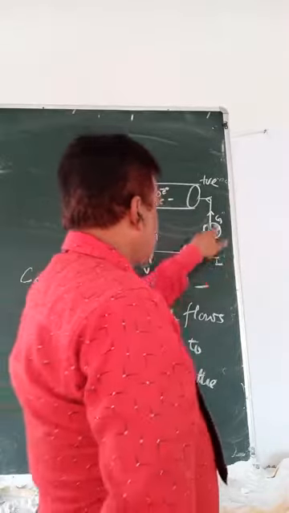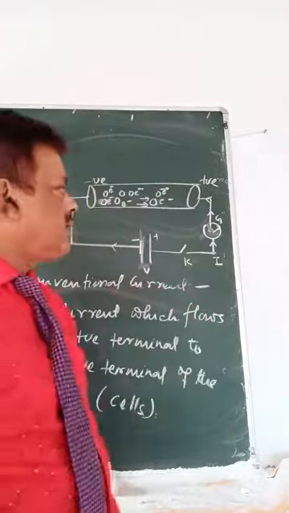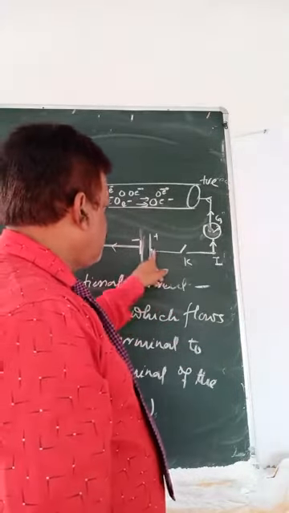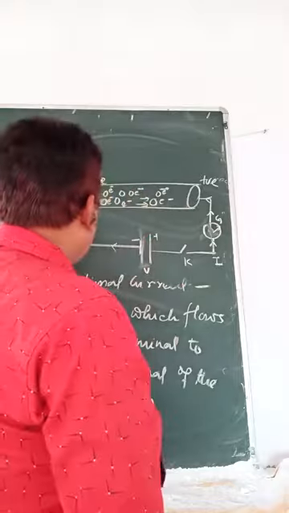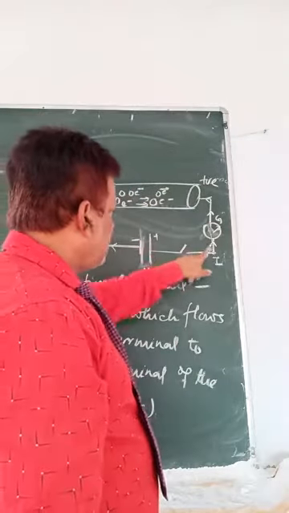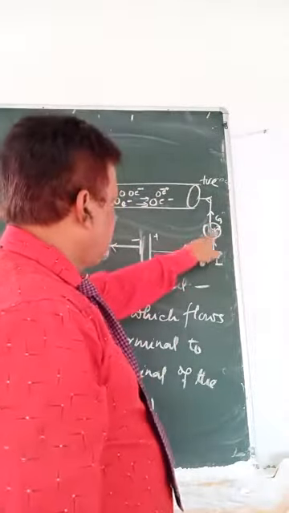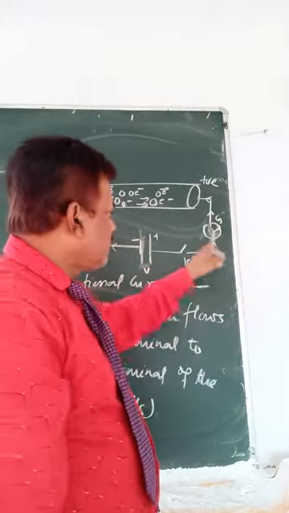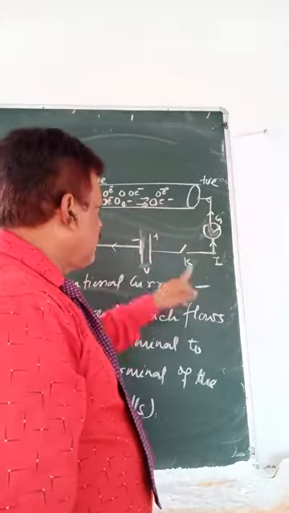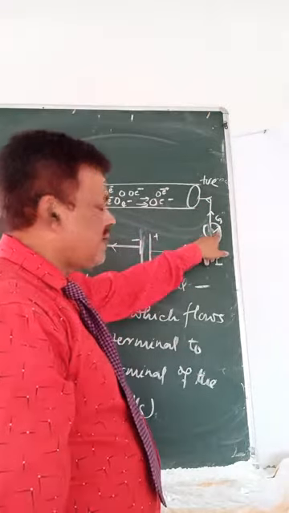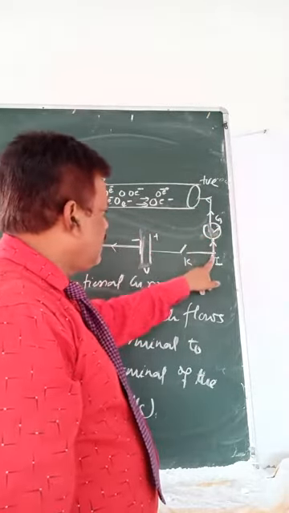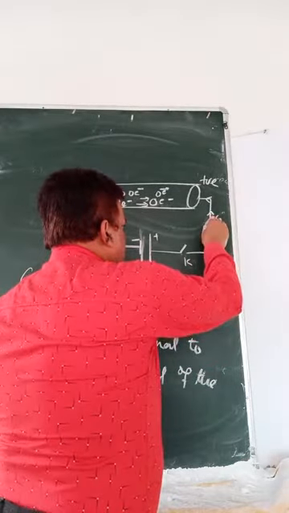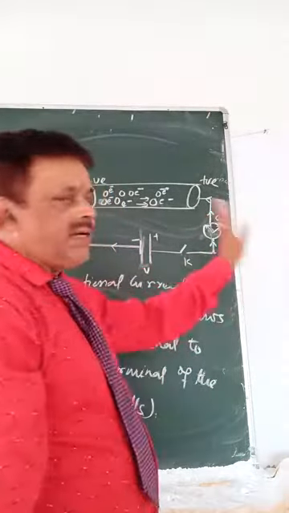So we will be discussing this conventional current here. The flow of conventional current is from the positive direction to the negative direction. If it completes a circuit, the pointer in the galvanometer will show a deflection, showing that current is passing. When the key is open, there is no deflection, but when the key is on, the galvanometer pointer gets deflected.